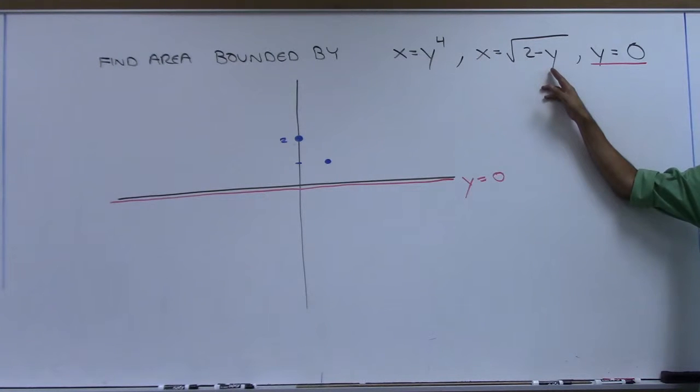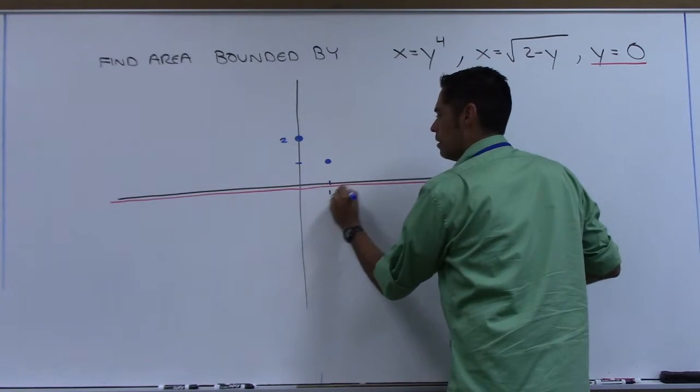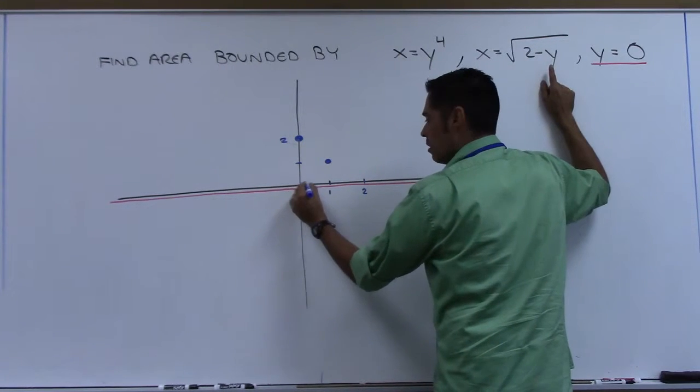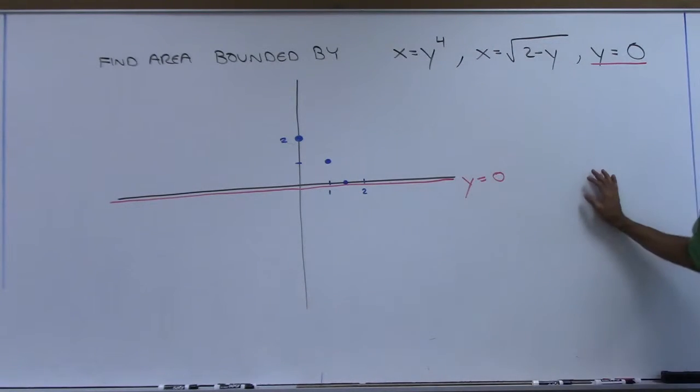Square root of 2, what's square root of 2? 1.414. So here's 1, here's 2. So when I plug in 0, I get square root of 2, 1.4, so something like that? We okay with that?